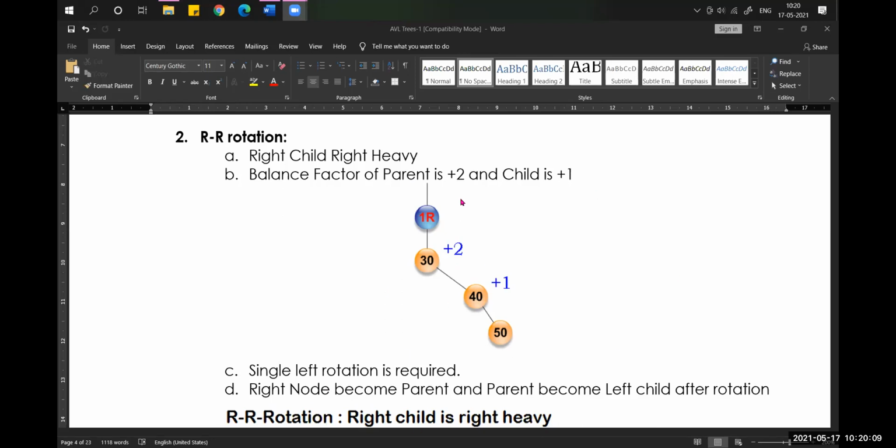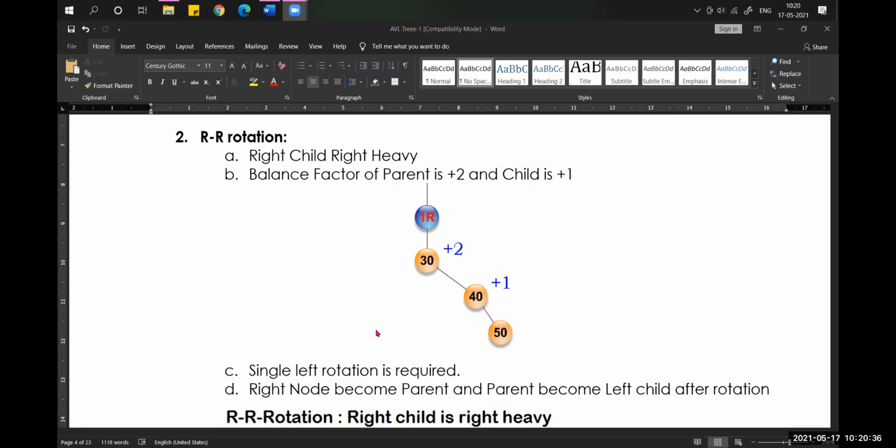So what will it become? What is 40? We can say that it is a right node. The right node will become the parent. See here, the right node becomes the parent. Now where does 30 go? 30 goes to the left side. Why? Because if 40 is the root node, 30 is the lesser value than 40. That's why it becomes the left child.